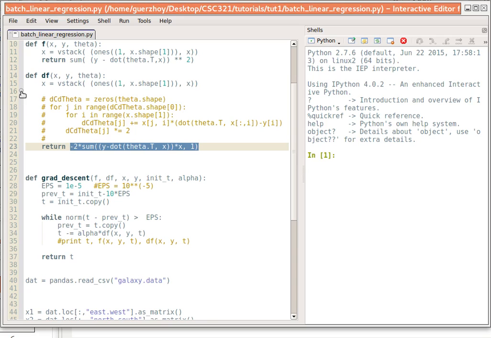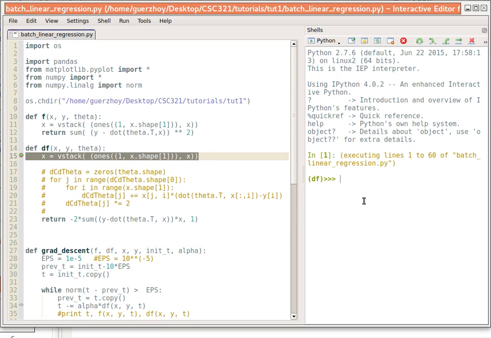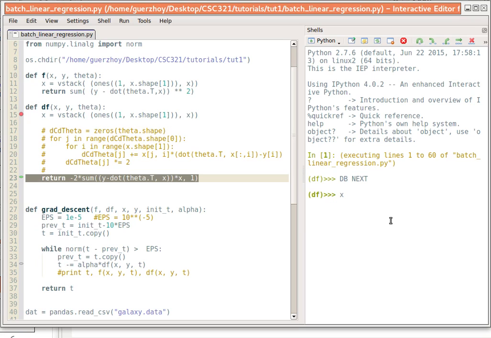So to remind you, let me run this again. And let me just change my x. The shape of the x is now going to be like this. The j's, which are the dimensions of the x for a single training case, go along the columns, and the i's go along the rows.